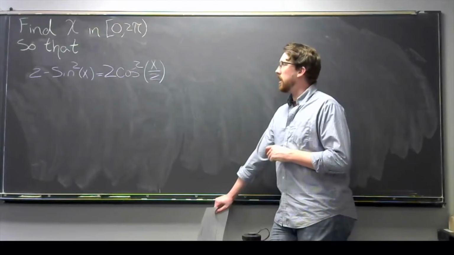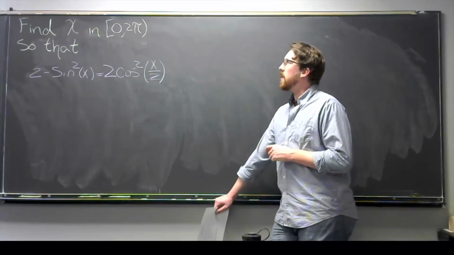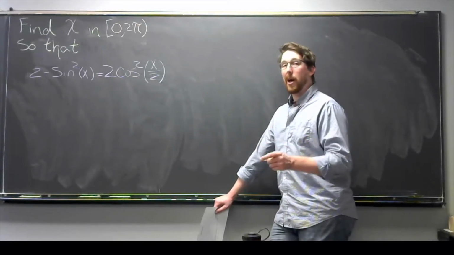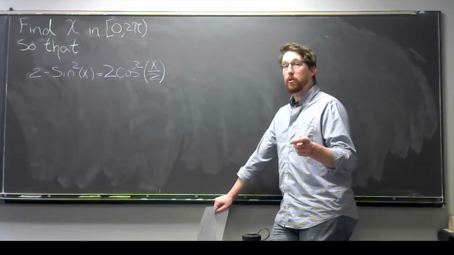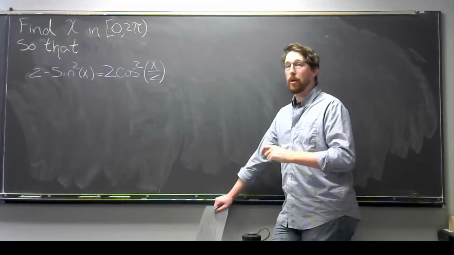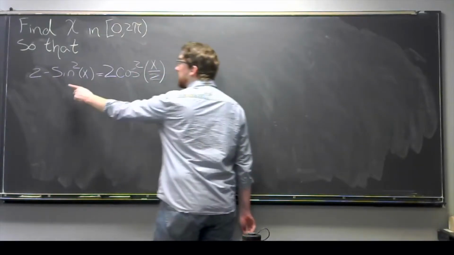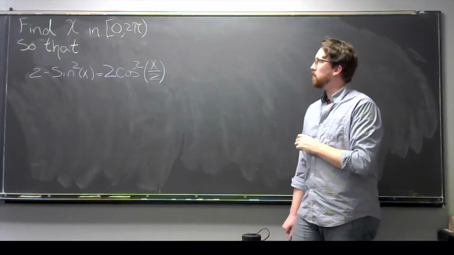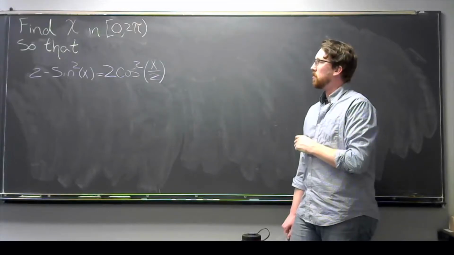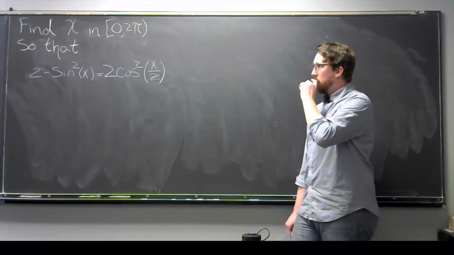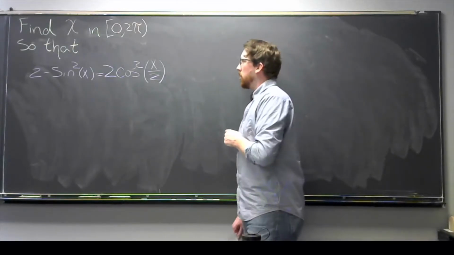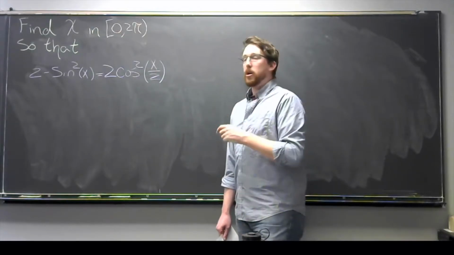So for this next example, we want to find all the possible x values between 0 and 2 pi, including 0, so that this is true. Before we really get into this problem, there's two things we want to note.